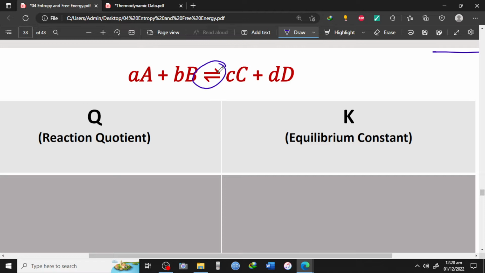Ngayon, pag ganyan yung nakikita natin, ang ibig sabihin lang niyan is the rate of the forward reaction and the rate of the backward reaction is at equilibrium. Okay, so meaning, nangyayari yung forward reaction spontaneously and nangyayari yung reverse reaction spontaneously. Yun lang ibig sabihin nun. Kasi nga, at equilibrium sila.